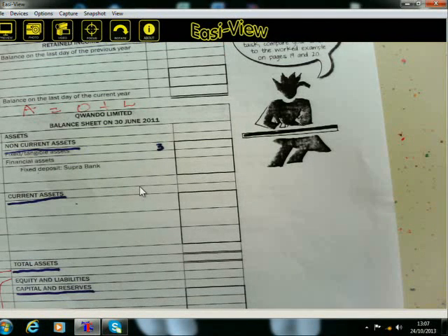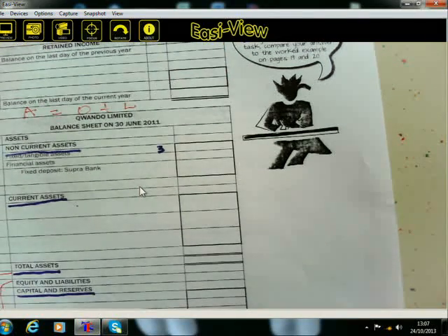Like I indicated, yesterday you did the fixed and tangible asset note. It's just a reminder, since I'm not going to use it today because I'll be focusing mainly on the balance sheet.